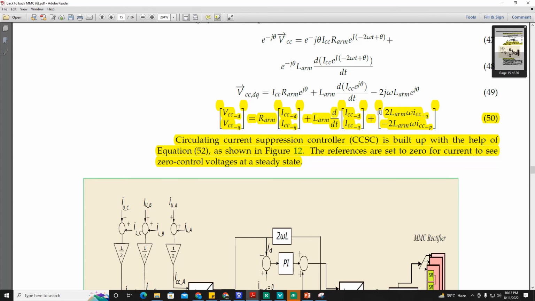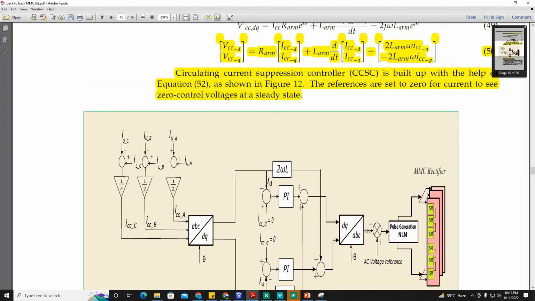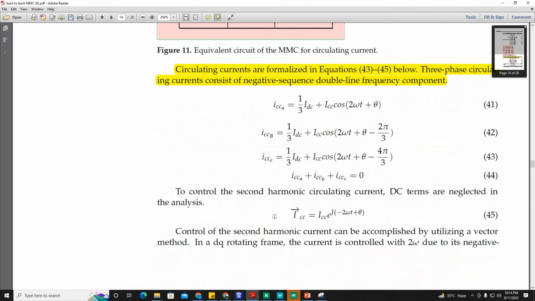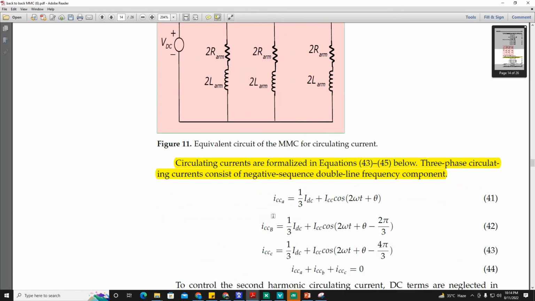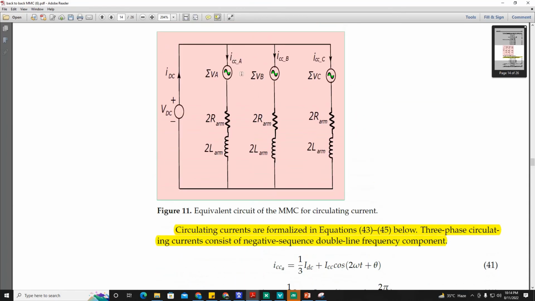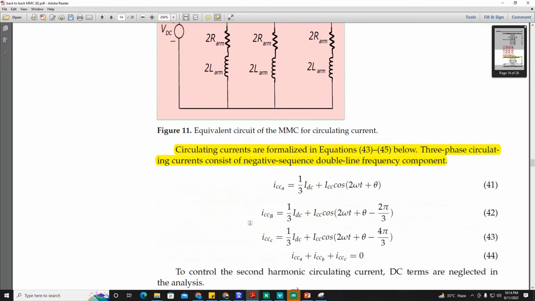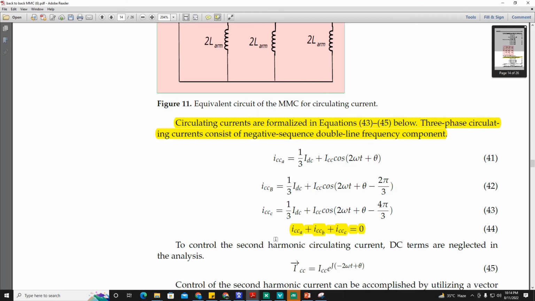This expression comes due to the transformation from ABC to DQ, and this block diagram of circulating current suppression comes from equation 50. It was found that the circulating current is at twice the fundamental frequency, and it has a negative sequence component. This is for phase A, phase B, and phase C. And if you sum all these circulating currents, ICCA plus ICCB plus ICCC, their sum will become 0.